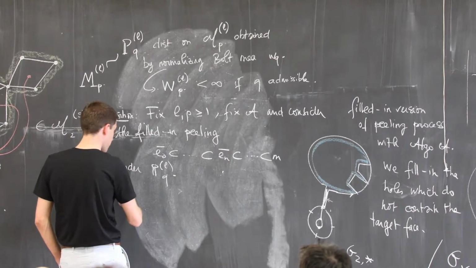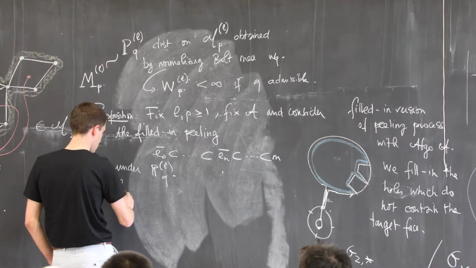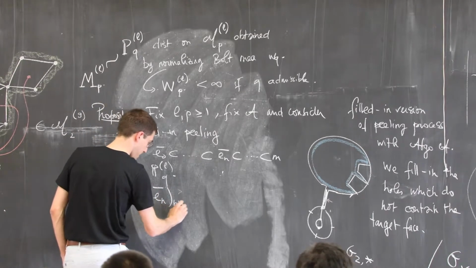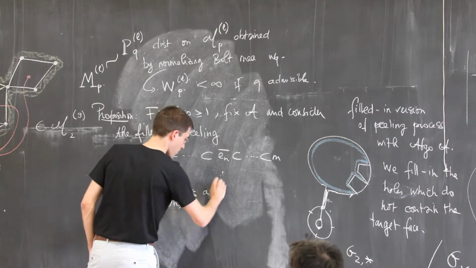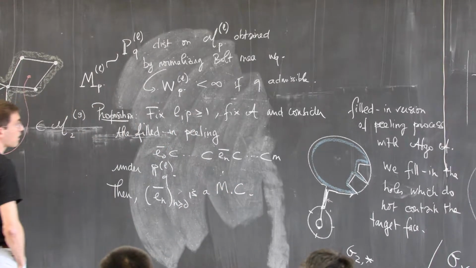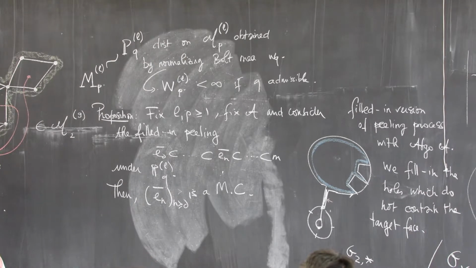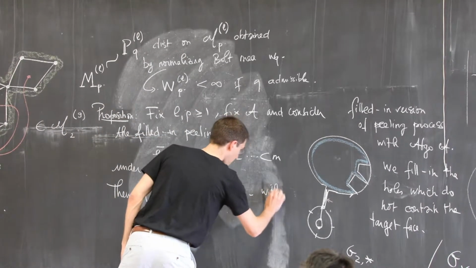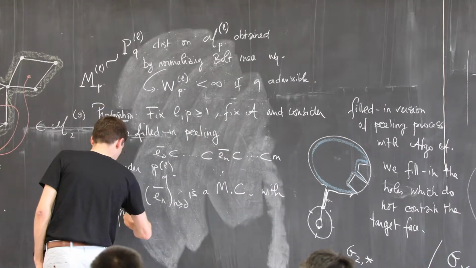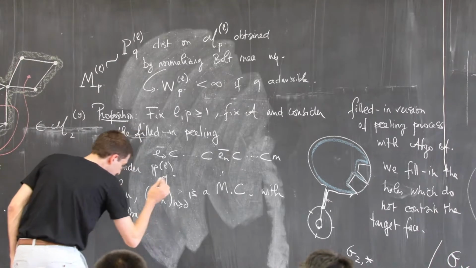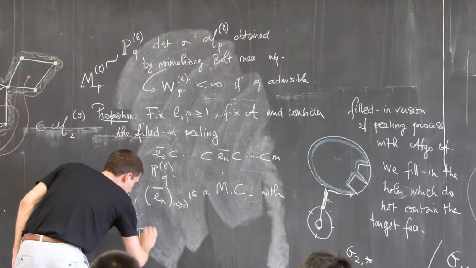Then this is actually a Markov chain, and you can guess the transition probabilities. Let me put it informally that way.